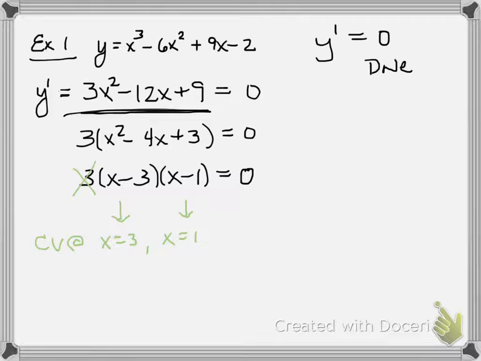So now the only question that remains is, all right, we found these critical values. What does that mean? Well, maximums and minimums can only occur at critical values. The problem is we don't know if the function is going from up to down or down to up. So the only way to figure that out is to test. We have to test values of the derivative around our critical values.